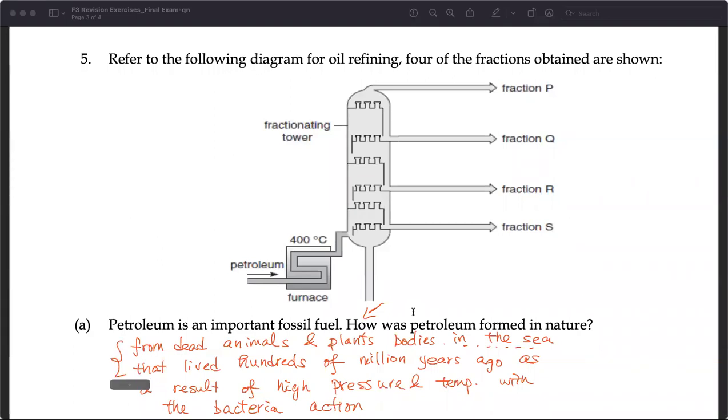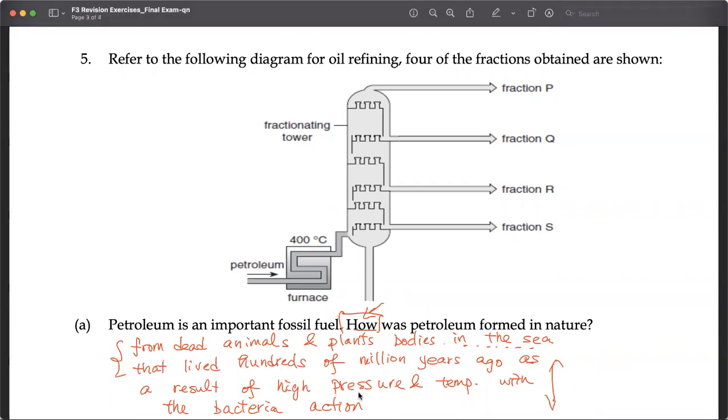The petroleum is made up from the dead bodies in the sea that lived many years ago. While how it is formed, it is formed as a result of the high pressure and temperature with the bacteria action. So this can answer question 5A.